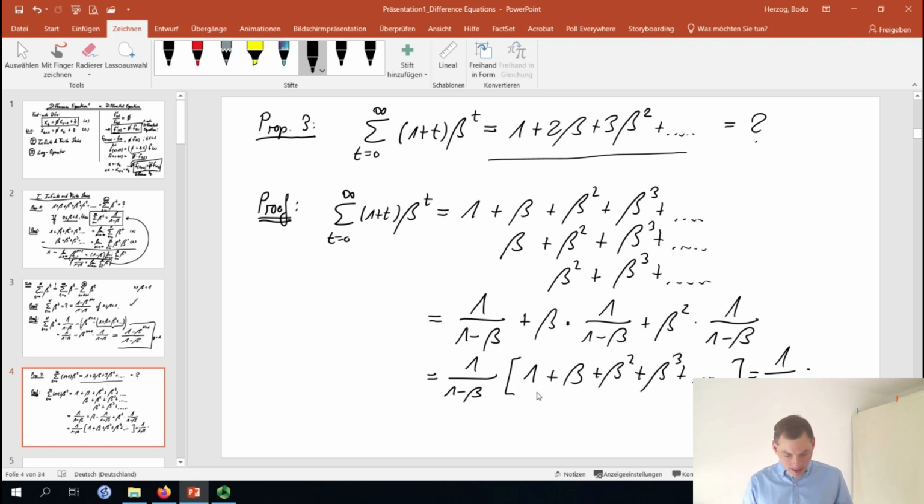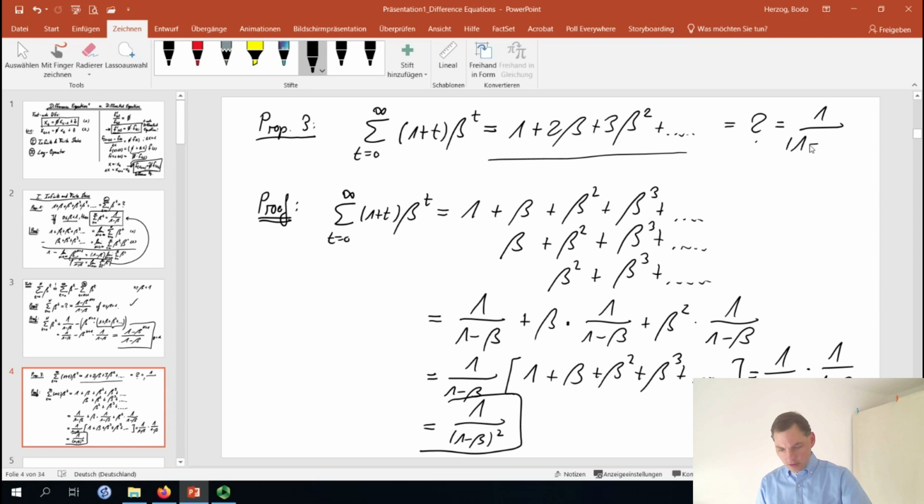But in the bracket, again, we have an infinite series. Well, this is, of course, 1 over 1 minus beta. So in principle, what I obtained here is the product of this, which is 1 over (1 minus beta) squared. So in other words, the solution for this sum here would be 1 over (1 minus beta) squared.